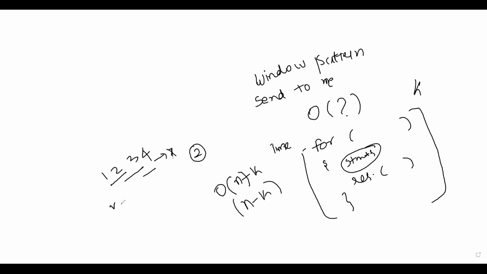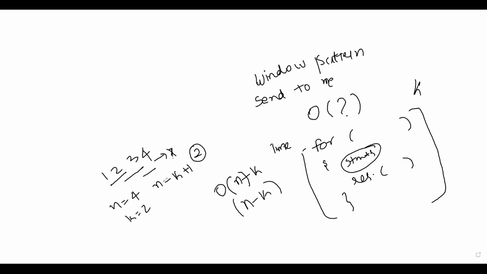So total n elements are 4, and if k equals 2, how many times are you running the loop? You'll run it for n minus k plus 1. Is it right?